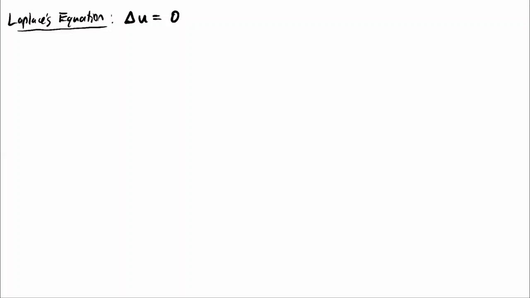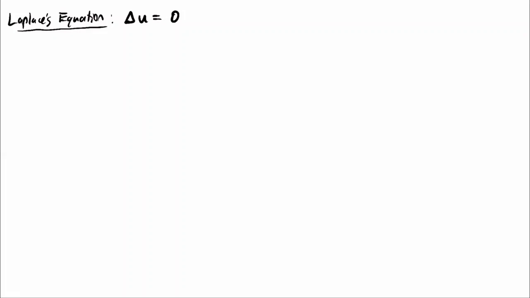Right. And so what we're going to do today is continue along this theme of actually trying to solve the equation, right? We have a variety of properties that must hold for solutions to Laplace's equation, but except in the few examples we saw last time, we don't really know how to solve the equation.